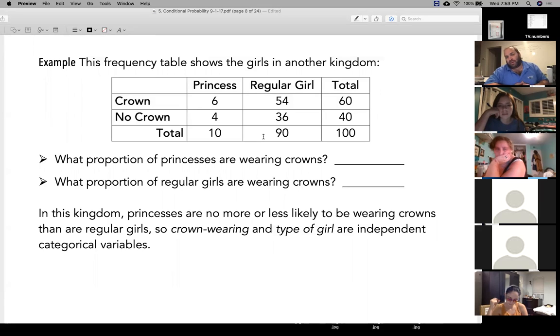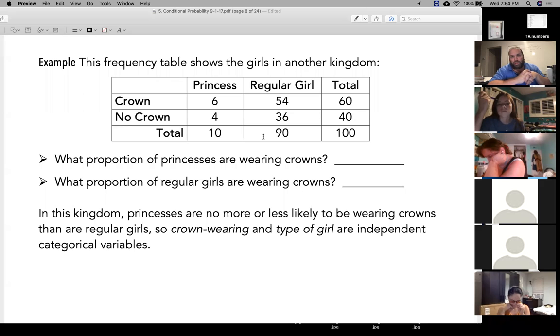How many non-crowns? 40. Okay. In theory, these two-way tables are very self-explanatory, correct? In terms of what these quantities are. When it comes to probability, it's a little deeper, but in terms of this, the idea is basically the same thing.